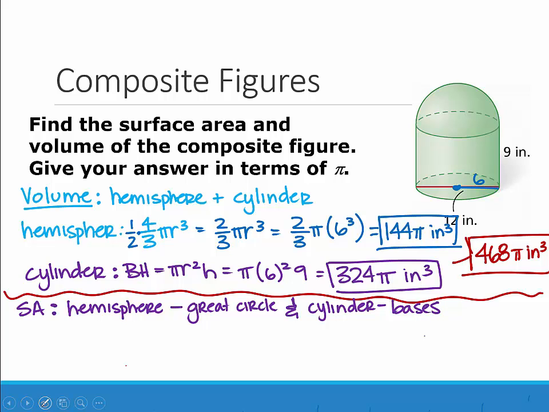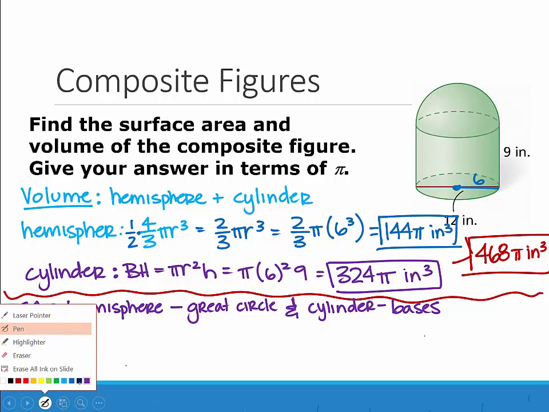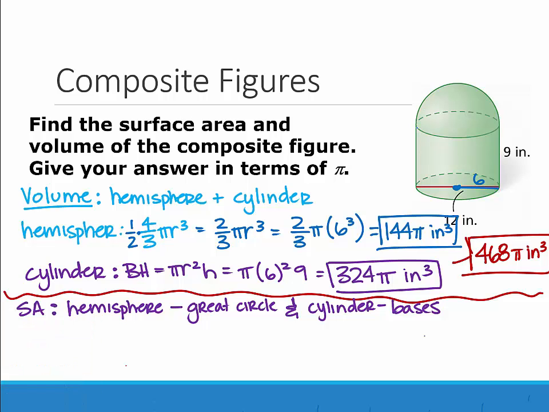When I look at this, I can save myself some trouble by finding the surface area of this whole thing, including this great circle, and then making this great circle count as the circle down here, and only finding the lateral area of my cylinder. If that makes sense to you, you can do that, or you could do this and subtract one of the bases.